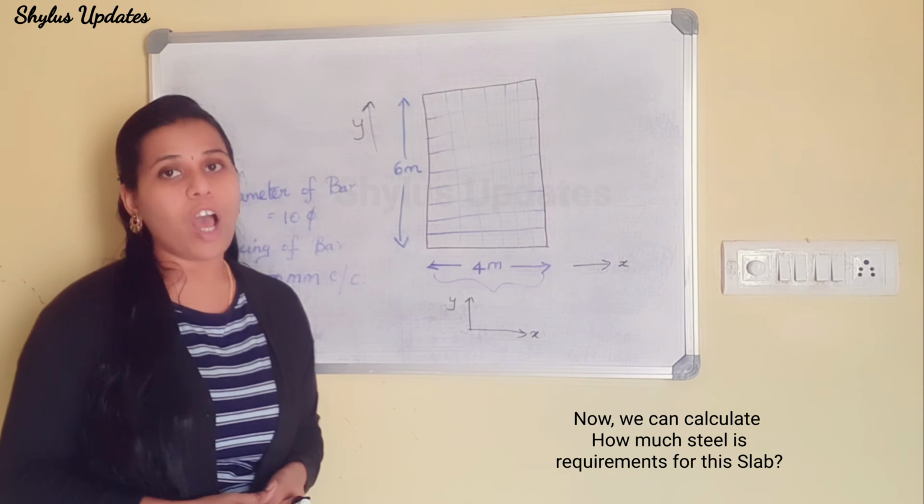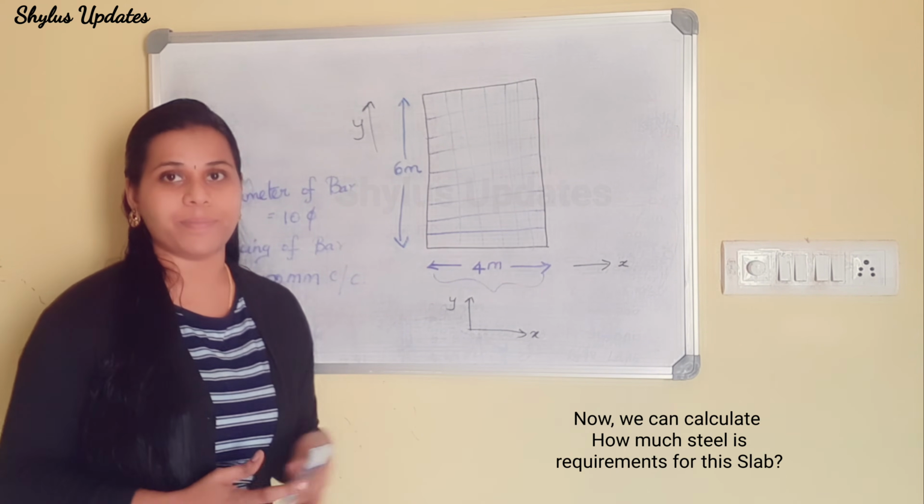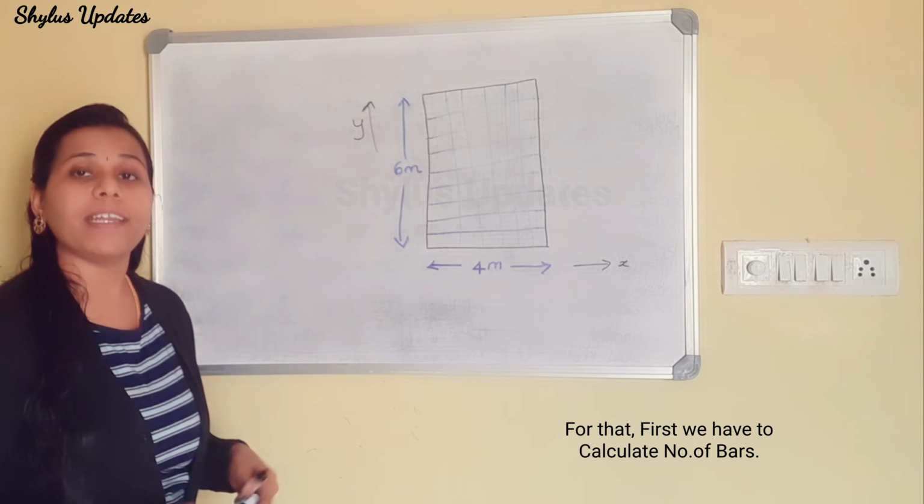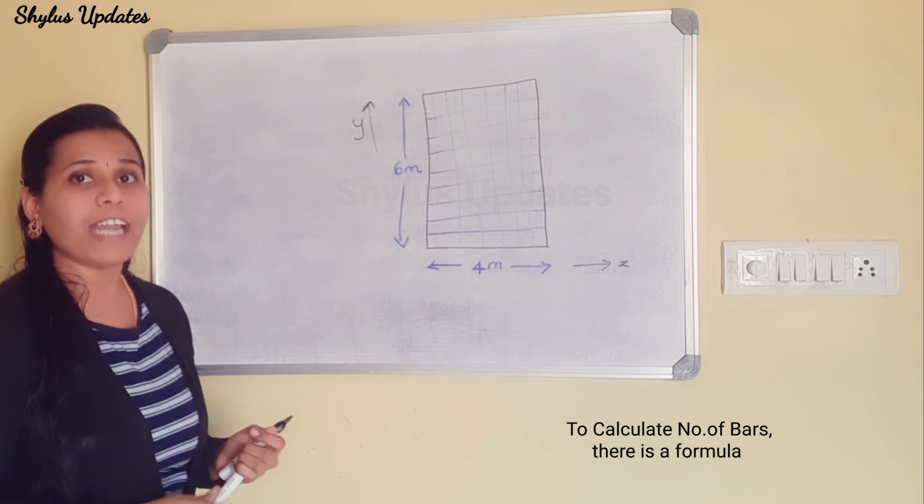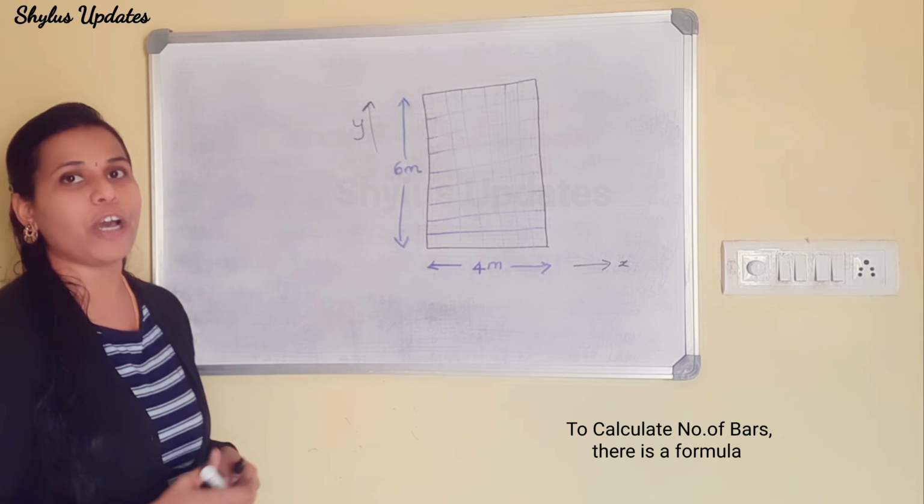Now we can calculate how much steel is required for this slab. For that, first we have to calculate number of bars. To calculate number of bars, there is a formula.